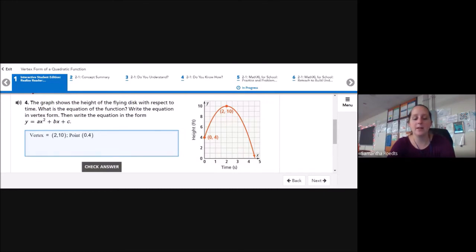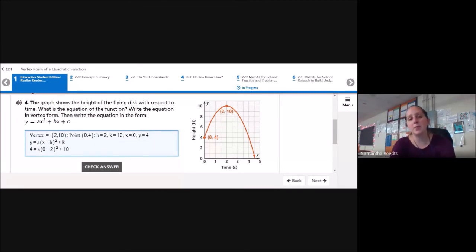So I'm going to go ahead and substitute that in for my values. So for this example, h equals 2. K equals 10. X equals 0. Y equals 4. Okay, so I have 4 equals a times (0 minus 2) squared plus 10.